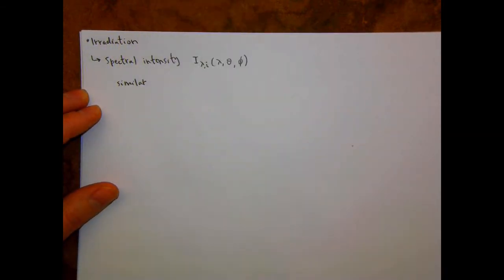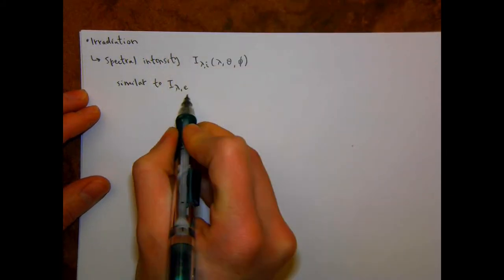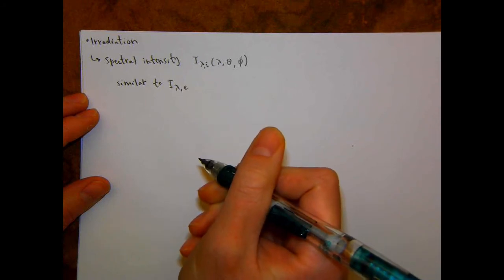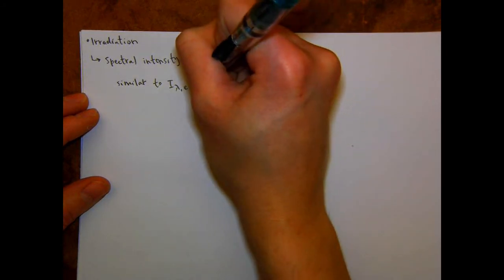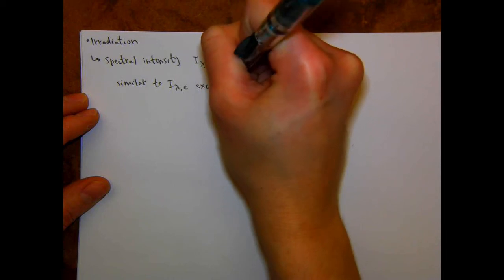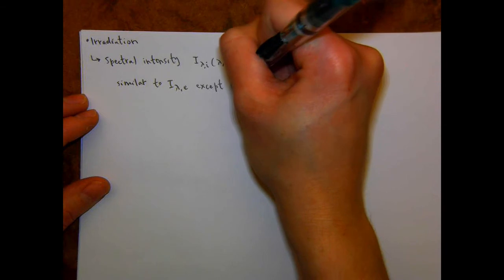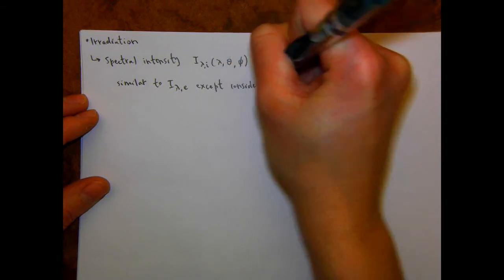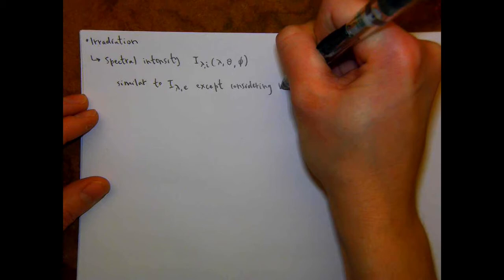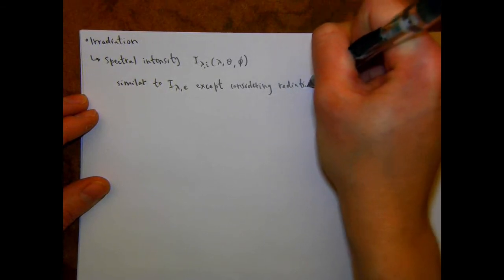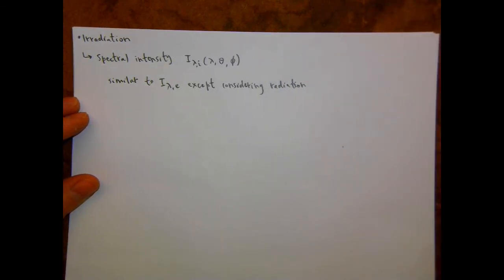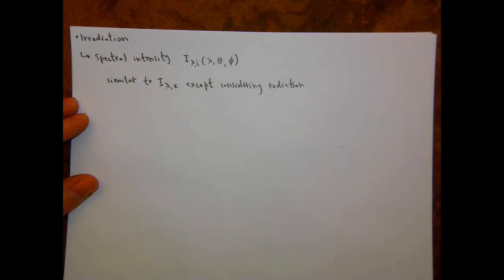And so this is, instead of writing out the whole gigantic definition, we'll say this is similar to spectral intensity of emission, except we're considering radiation incident from the theta phi angle rather than emitted in the theta phi angle.